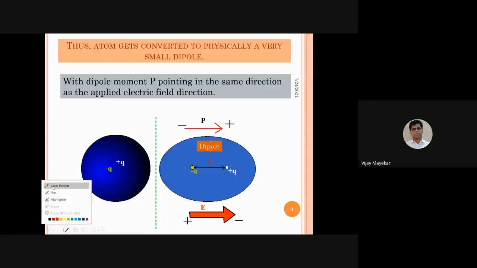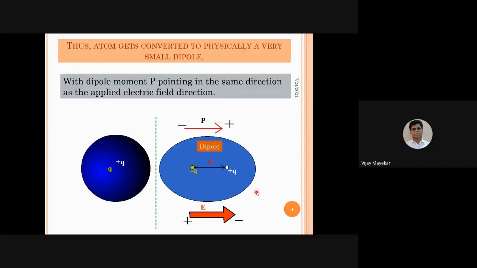The electric force is operable in the atomic domain. You can see there is a separation between the positive charge and the negative charge, separated by distance d. So out of a neutral atom, we are getting a polarized atom.